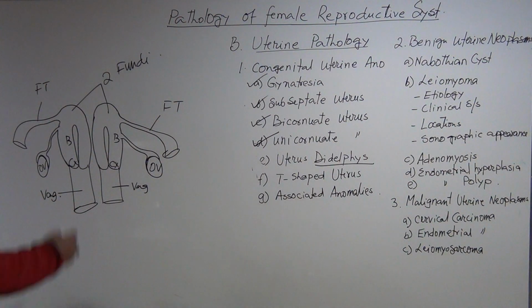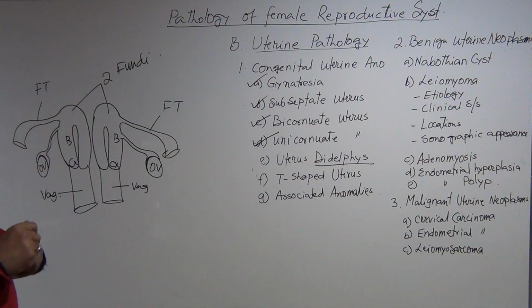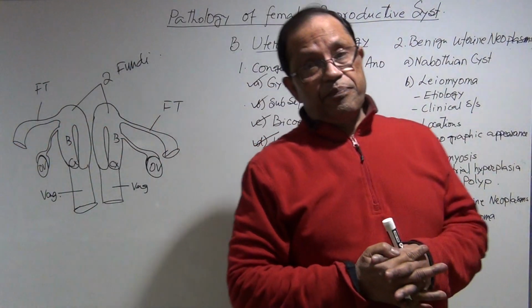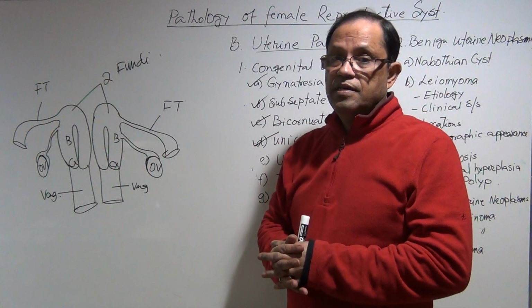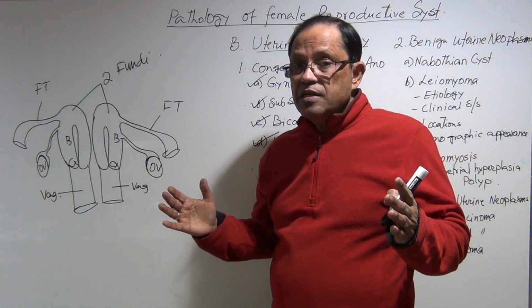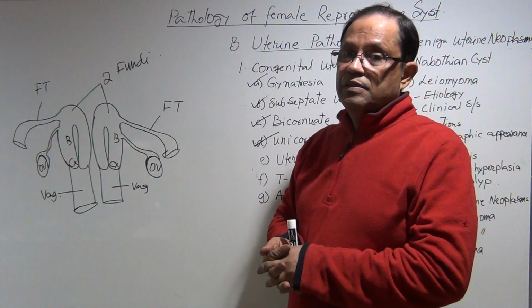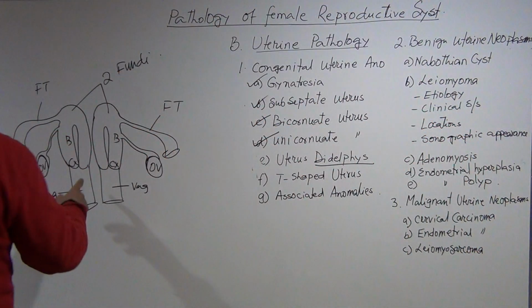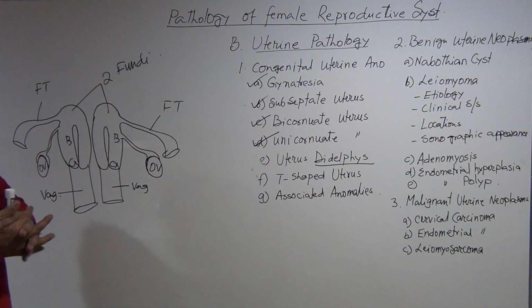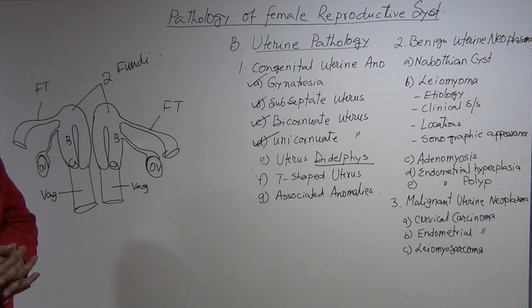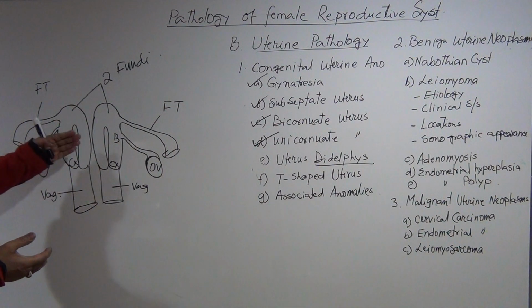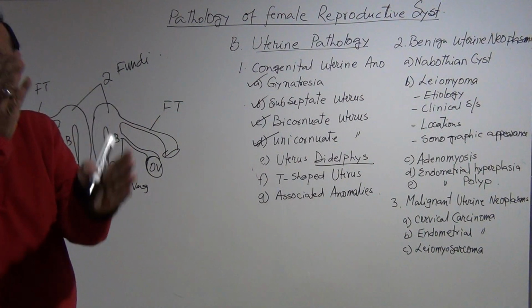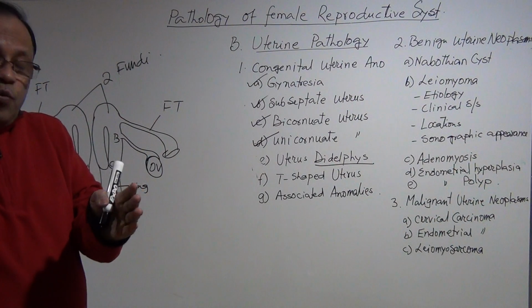Now tell me, what's going to happen? Will the size of these two uterus be bigger or smaller? It will be a small uterus, and a small uterus has a small total capacity. And there will be two vaginas, placed side by side, with two vaginal openings in the front.